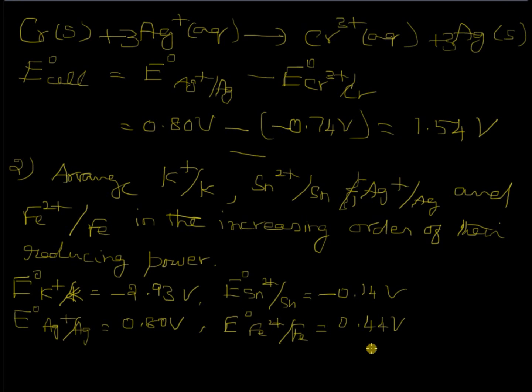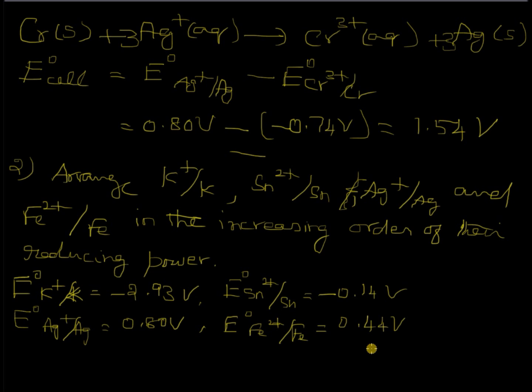The values of the standard potentials of these elements are given. Look at those values. We have already seen that the one with a lower value for the standard potential would have greater reducing power. In other words, the one which has a lower reduction electrode potential. We know the standard potentials are the standard reduction electrode potentials. So the one with lower reduction electrode potential will be oxidized spontaneously.